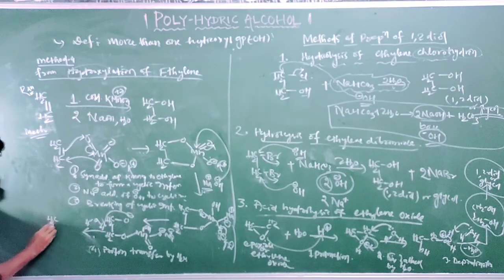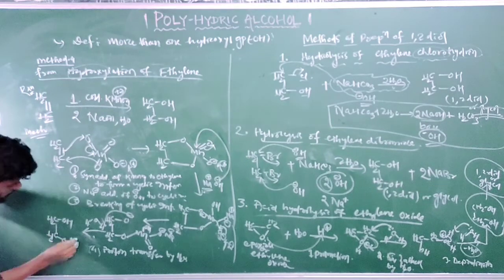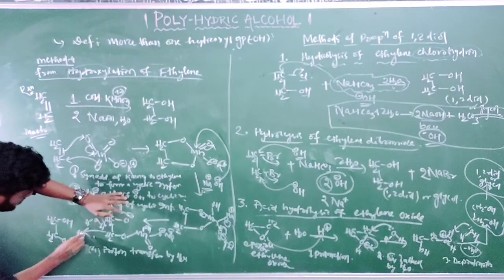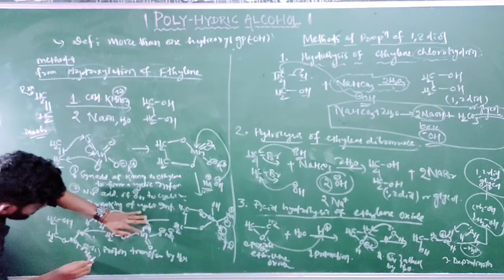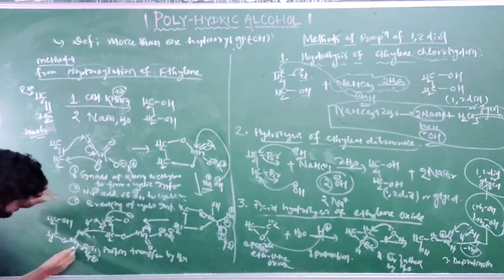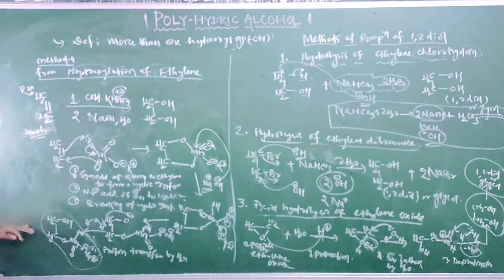So this gives CH2OH, and here CH2O attached to manganese, and manganese attached to the OH group, and another O- Na+, and here the double bond O. So this is the step 4 product.